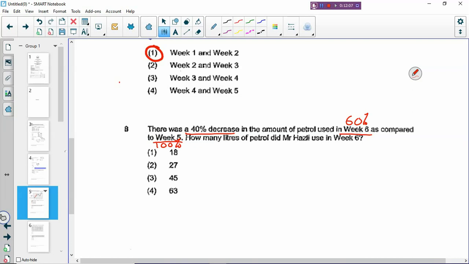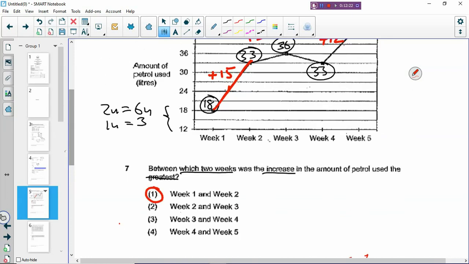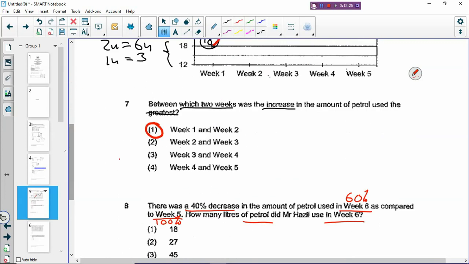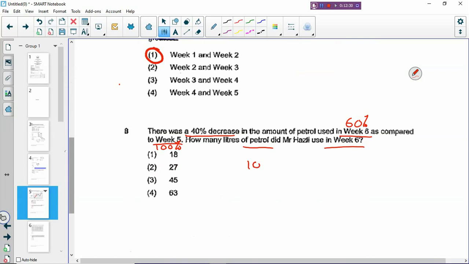And then from week 5, you decrease by 40% in week 6, which is now 60%. So how many liters of petrol did Mr. Huxley use in week 6? Then you go to the line graph, you look for week 5, and week 5 has how many liters? Week 5 has 45 liters, which is that 100%.